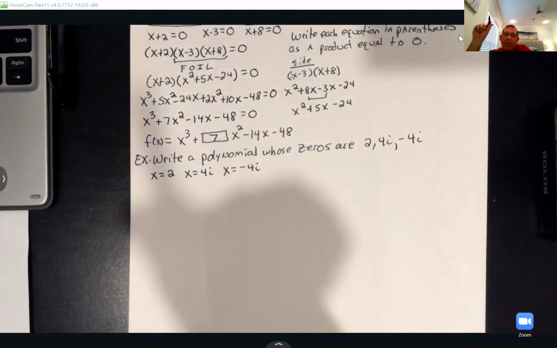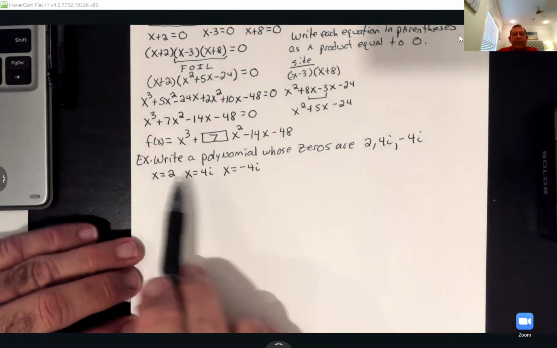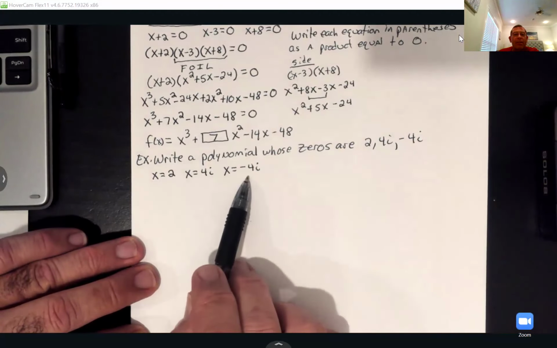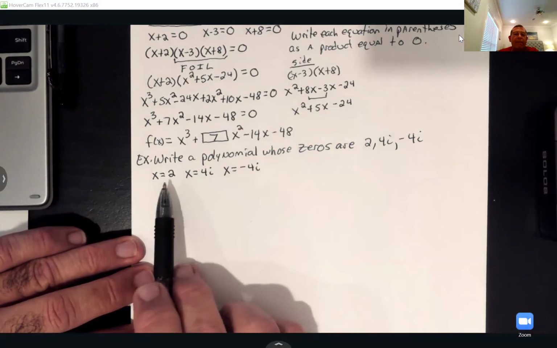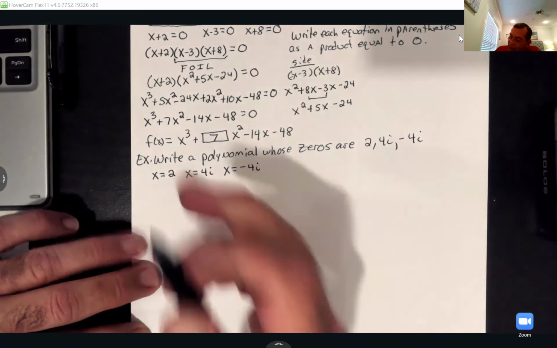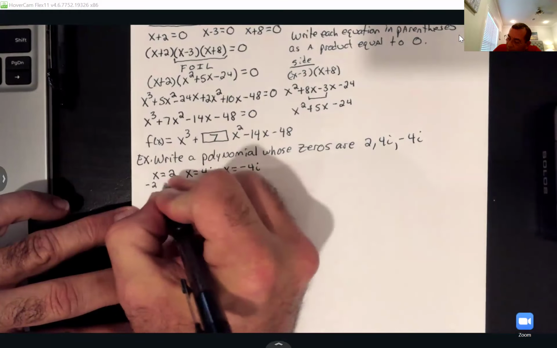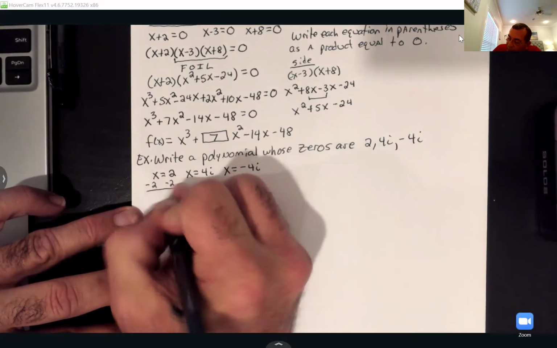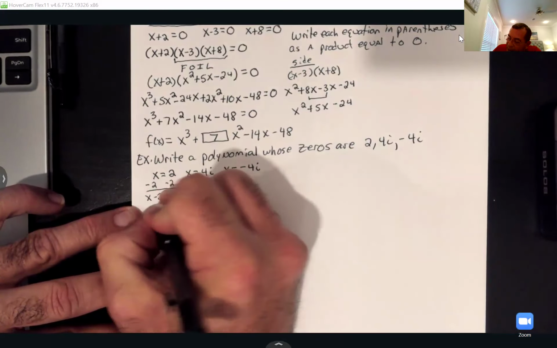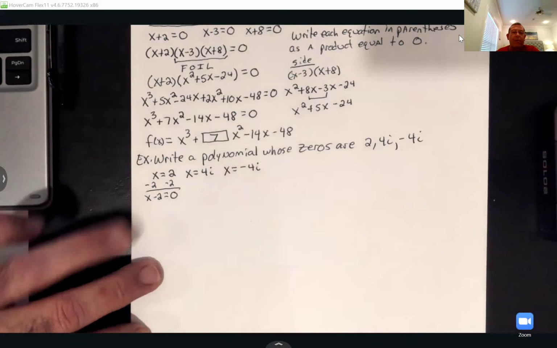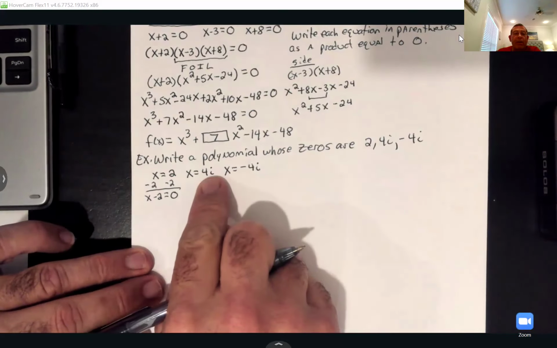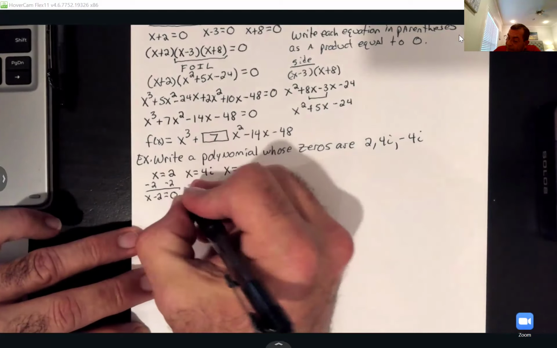So I'm starting out the same way as a while ago, and I'm even going to get 0 on the right side of all of these by adding and subtracting. So here I'm going to subtract 2. That'll give me x minus 2 equals 0. Here I'll subtract 4i.